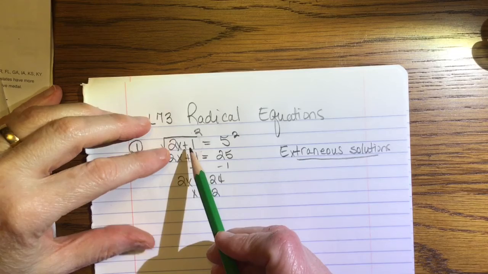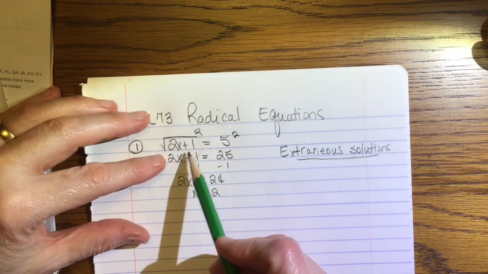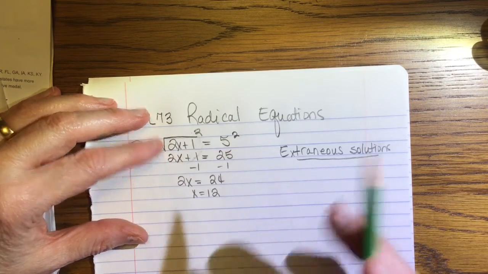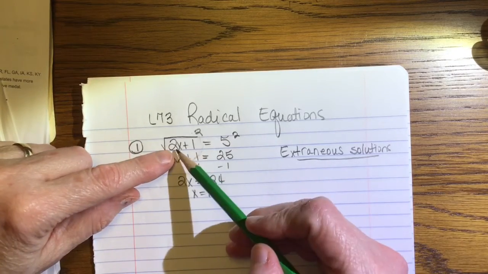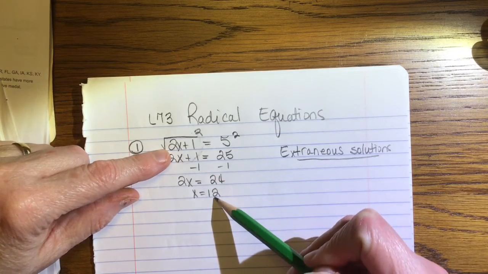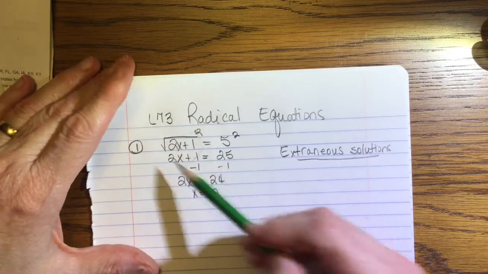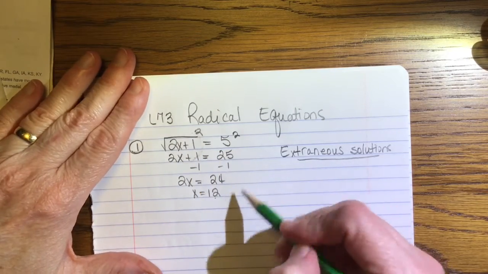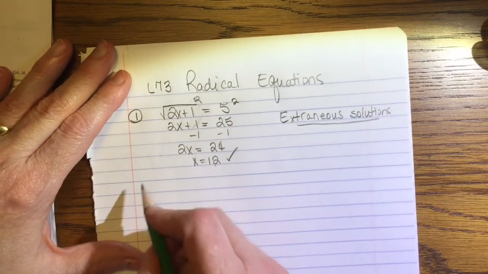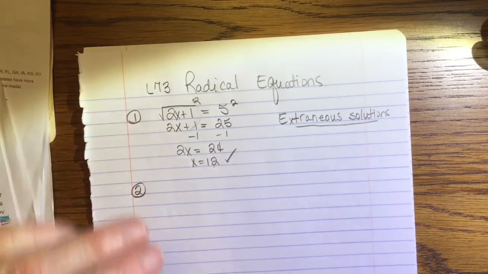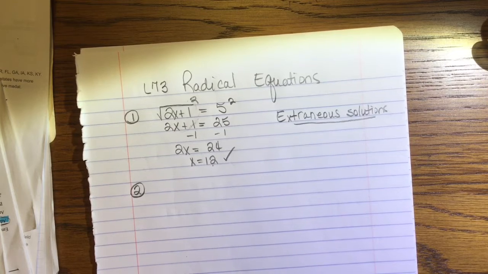Because when we have negative numbers here, we're going to have imaginary answers, and we're not involved with imaginary. So, looking at 12, we know 2 times 12 is 24, plus 1 is 25. So, it works fine in this particular case. It's not a bad idea to check your answers to make sure, because especially in your multiple choice, you may think there's an answer that doesn't work.